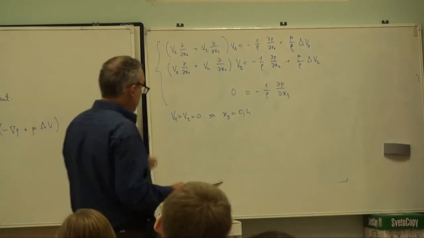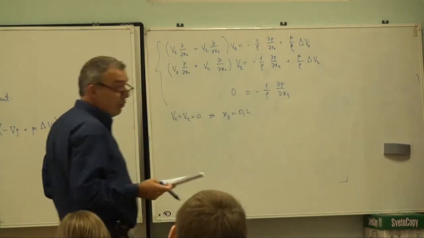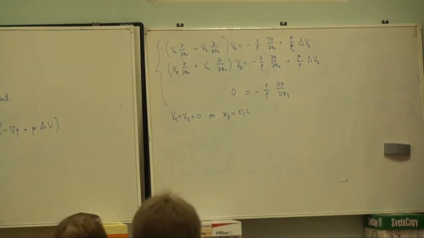So now we assume that h is very small and that the flow is very slow. Okay?